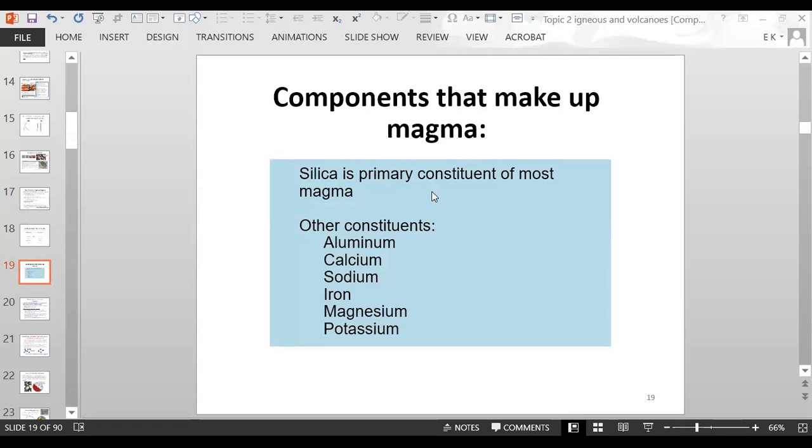It's just that magma is found underground and lava is at the surface. Most magma is going to contain silica, and then other constituents include aluminum, calcium, sodium, iron, magnesium, and potassium.